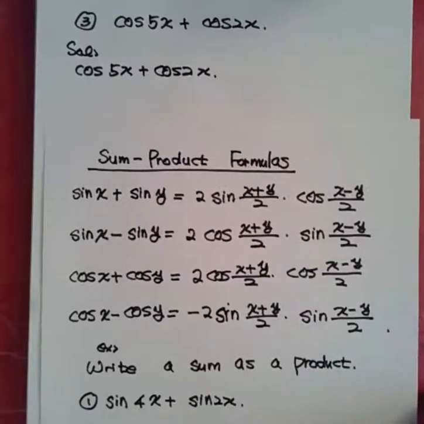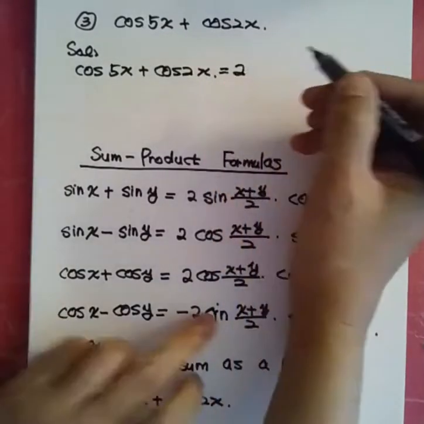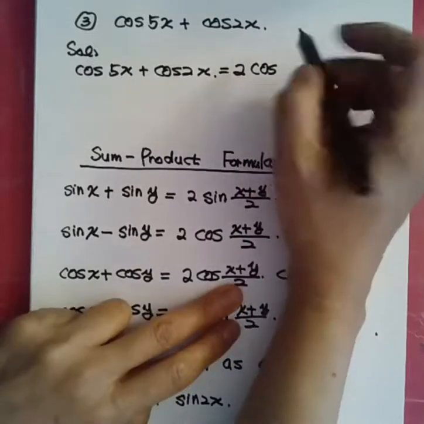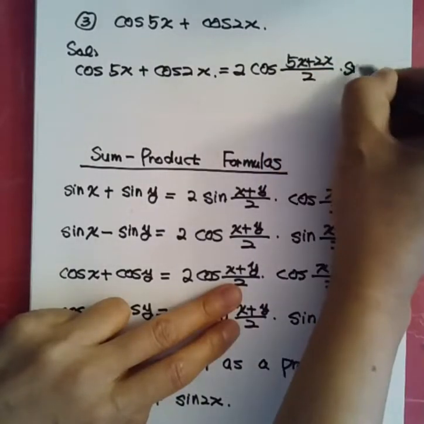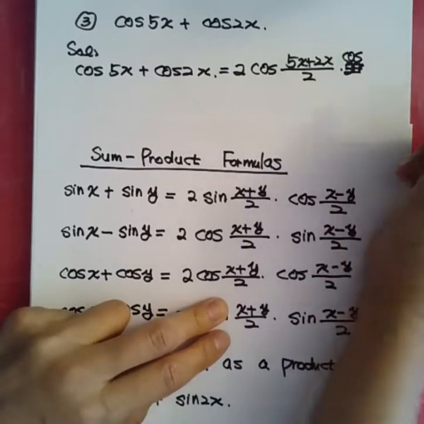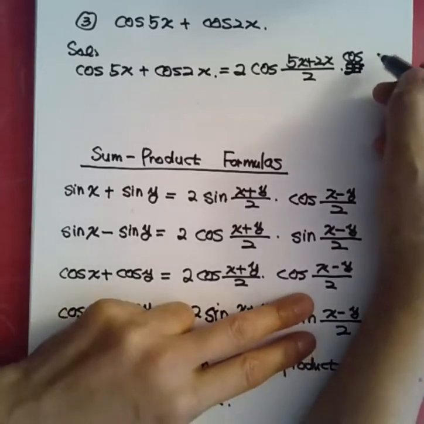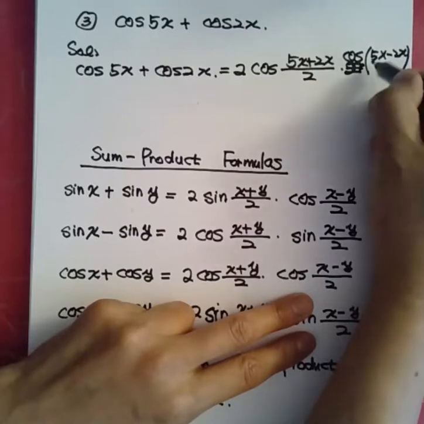We will use the third formula, so that becomes 2 times cosine of the sum of two angles, 5x plus 2x divided by 2, times cosine of the difference of two angles, so 5x minus 2x over 2.